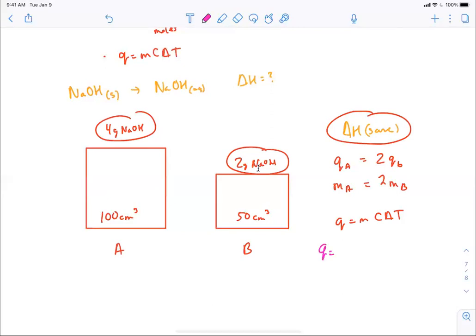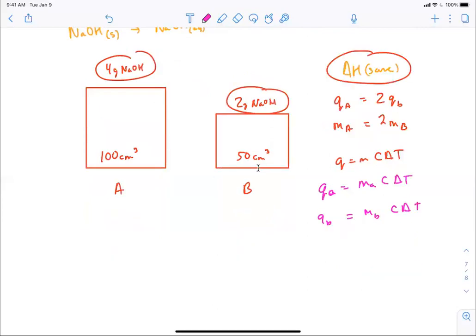QA is equal to MA C delta T. QB is equal to MB C delta T. Well, QA would then be written as 2QB is equal to 2MB C delta T.